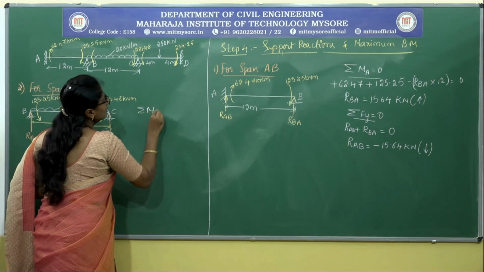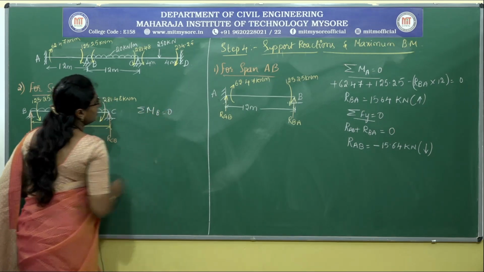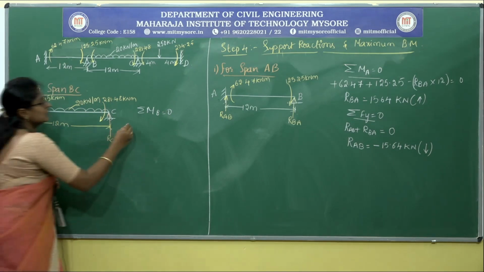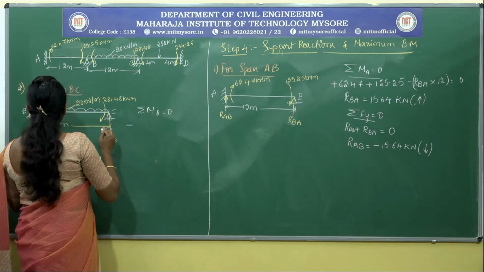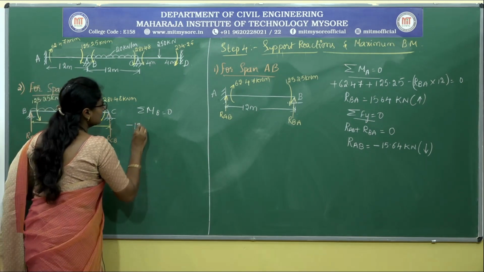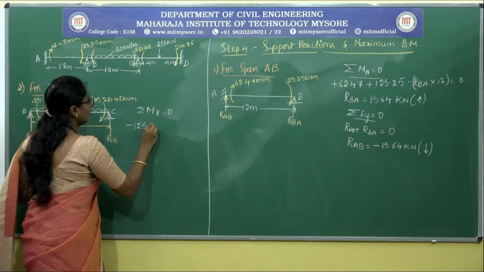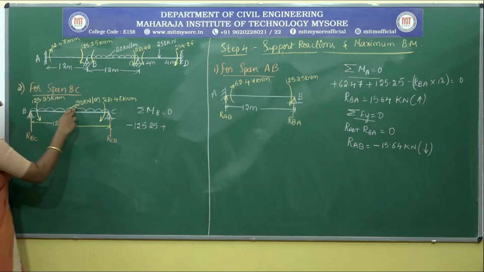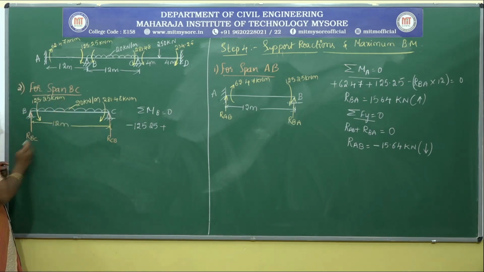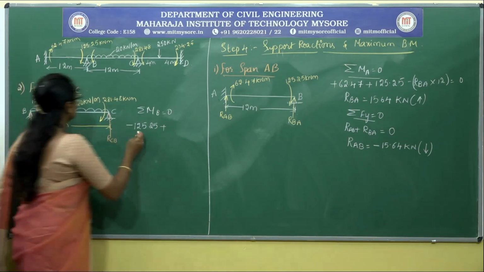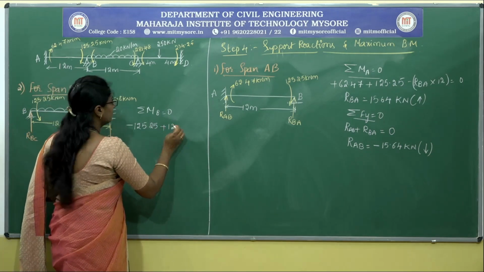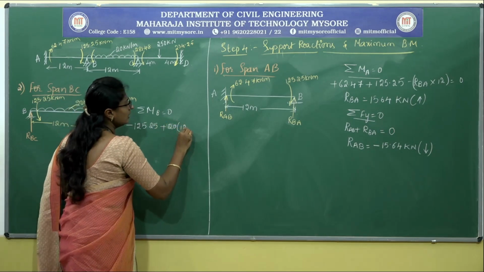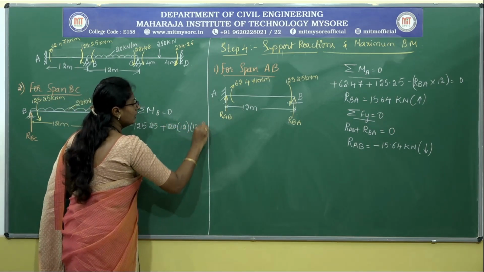For this, I consider the sum of all the moments acting at B equal to 0. The moment RBC is acting in the anti-clockwise direction, so minus 125.25. This 20 into 12 into half of the distance is acting in the clockwise direction, so I take it as positive, which is 20 into 12 into 12 by 2.